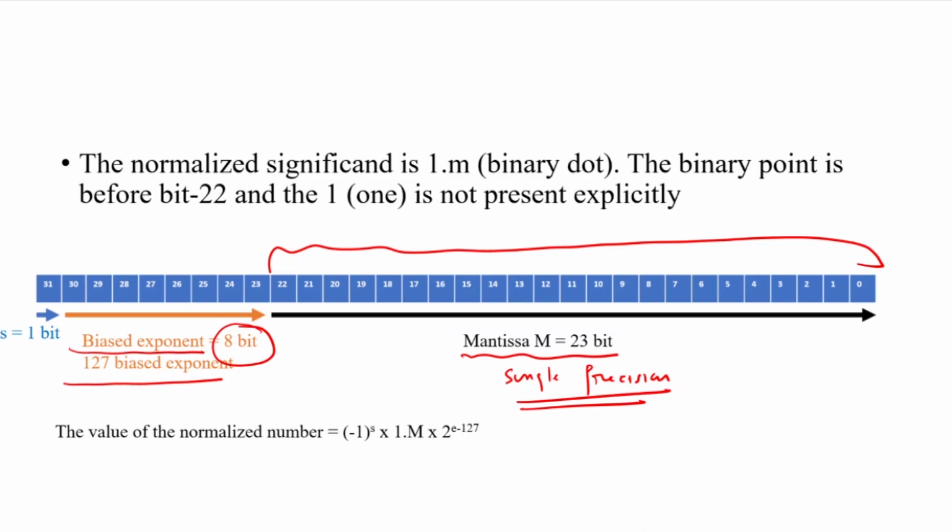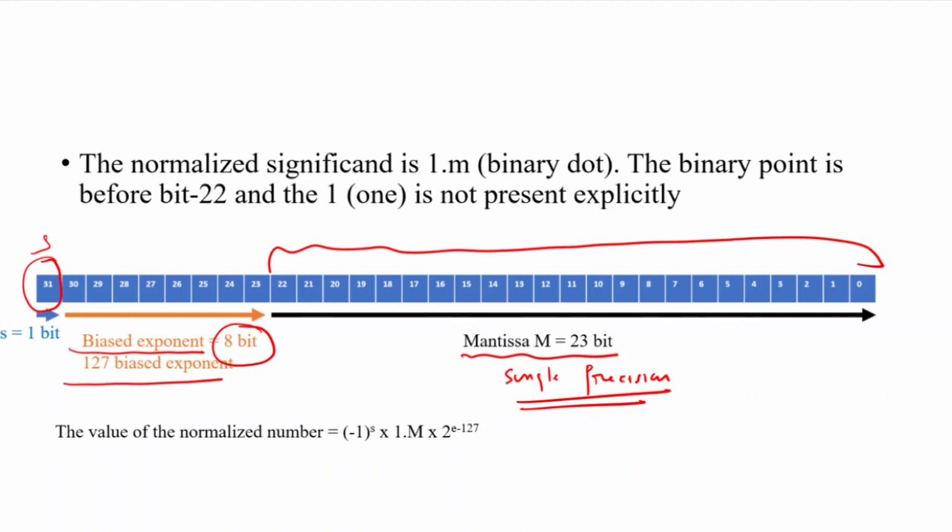The 31st bit represents the sign bit. When the number is positive, the sign bit is 0, and when the number is negative, the sign bit is 1.